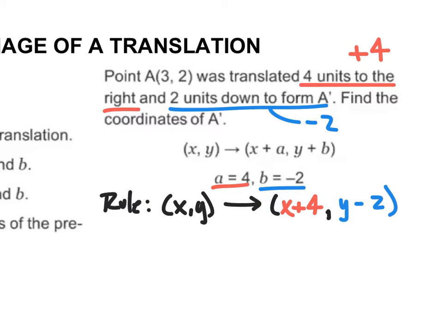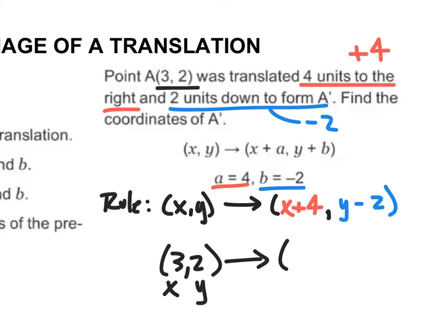And so if I want to put this into motion, I take my point 3, 2, and then I want to translate that. My x value in this case is 3. My y value is 2.